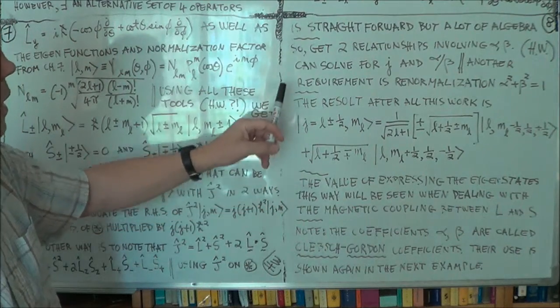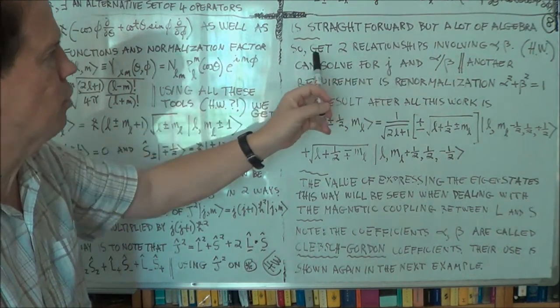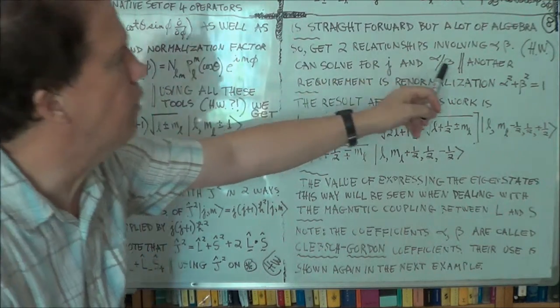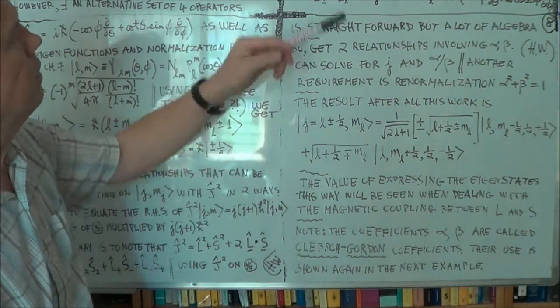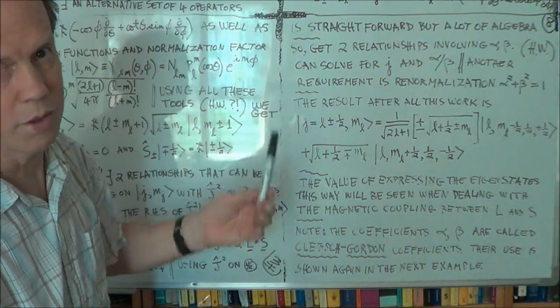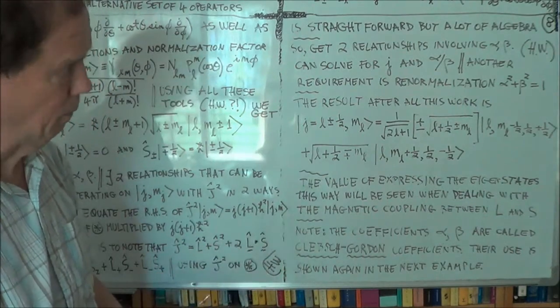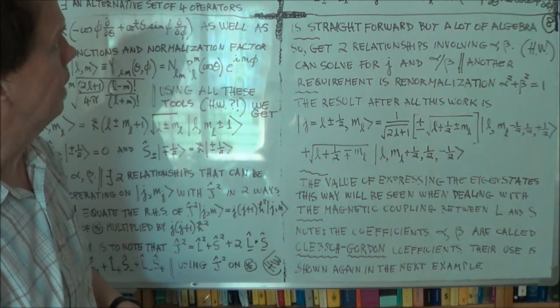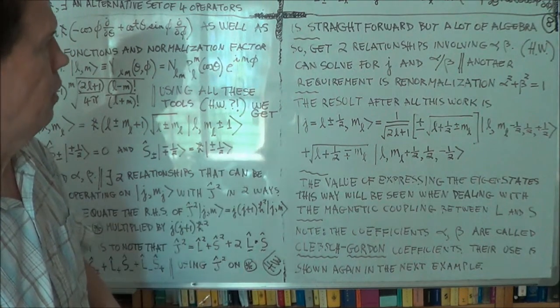you will get. So we now have two relations involving alpha and beta. So one is the original equation, the one I ID'd with star circle. That has an alpha, a beta in it.